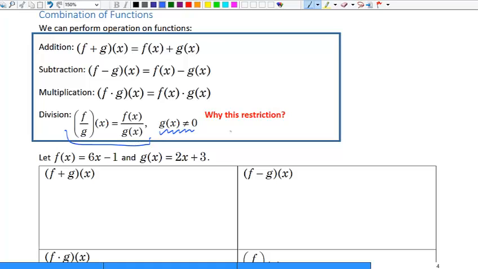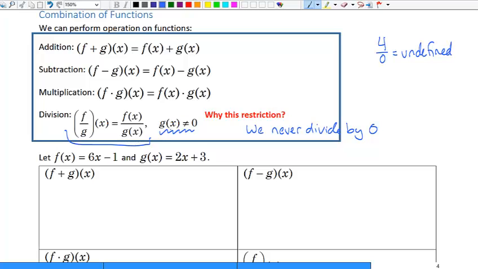Why in the world do we have this restriction? Well, we know we can never divide by 0. So, like if I have 4 divided by 0, that's undefined. Well, g of x is a function of a variable x.